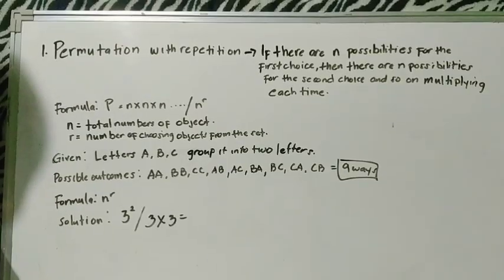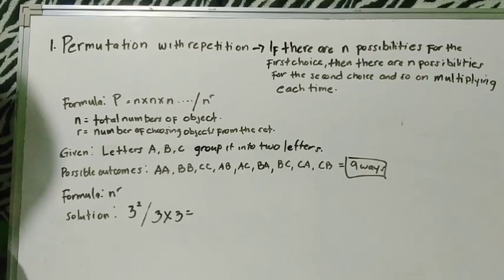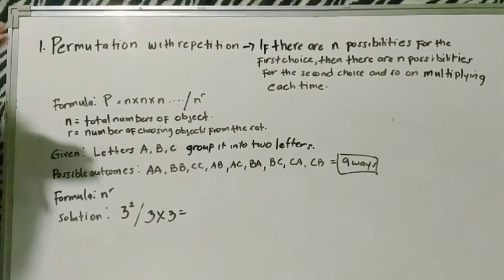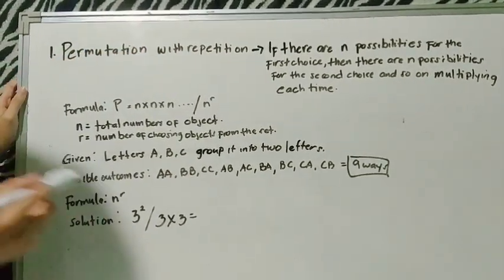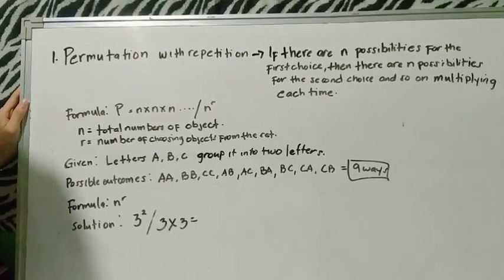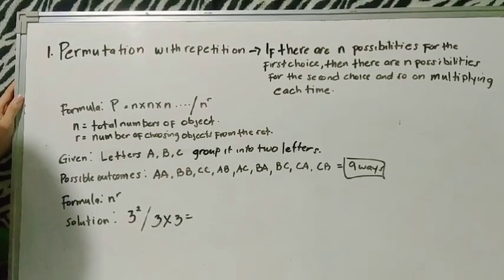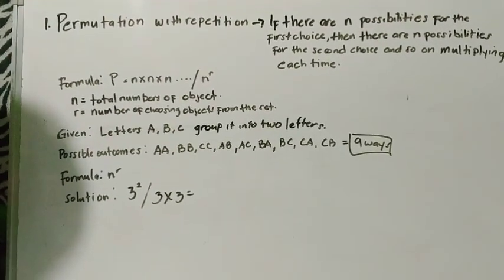There are 2 types of permutation. Number 1 is permutation with repetition, and number 2 is circular permutation. Number 1, permutation with repetition. If there are n possibilities for the first choice, then there are n possibilities for the second choice, and so on, multiplying each time. So we are allowed to repeat the letters or objects.